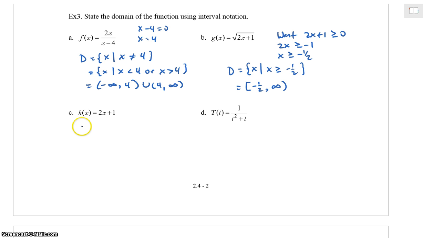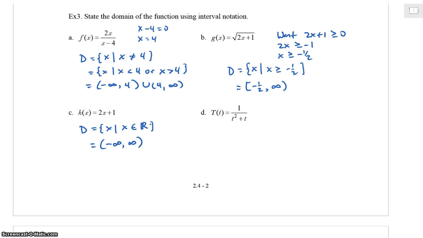So our domain could be described as the set of all real numbers x such that x is any real number. Sometimes that's expressed this way: x is an element of the real numbers. The R represents the set of all real numbers. In interval notation, this is represented as minus infinity to infinity.